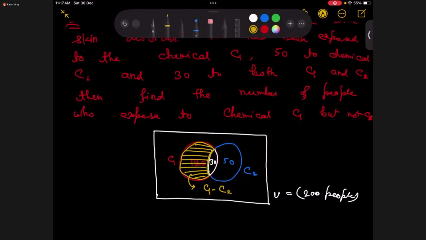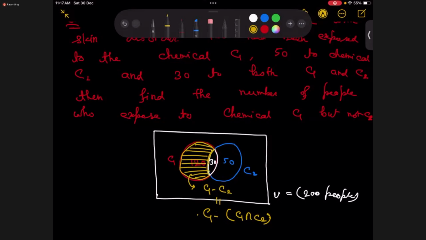Or one can say this set is equal to C1 minus C1 intersection C2. Why is this? Whenever we subtract C2 from C1, we are eliminating only those elements of C1 which are common with C2.